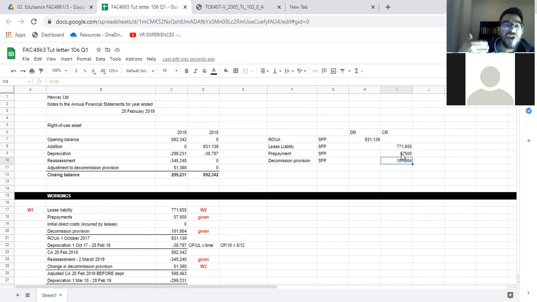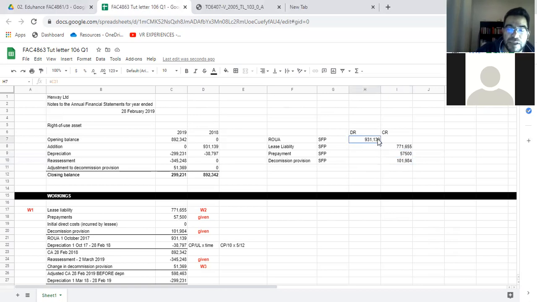Now when the lease commences, the deposit is no longer a deposit. It now forms part of the right of use asset. So because it's no longer a deposit, we have to get rid of the deposit. The deposit is an asset. To get rid of the asset, you credit an asset. So you say credit asset, credit prepayment. For every credit, there must be a debit. The debit is sitting in the right of use asset.